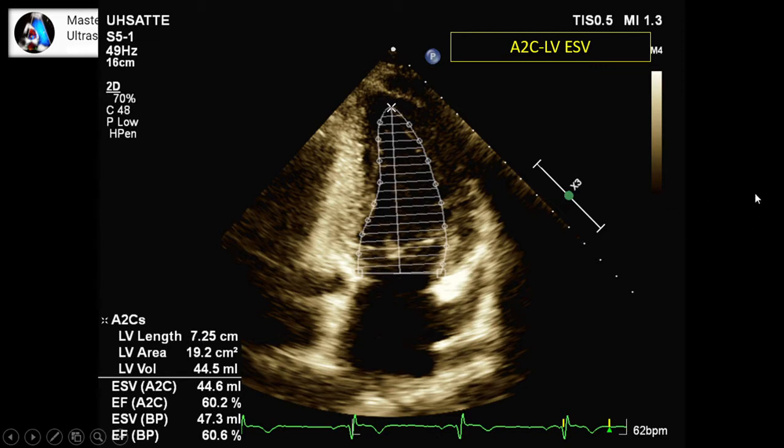But if there is more than 5% difference between the ejection fraction calculated in apical 2 and apical 4, and we don't have any structural abnormality or wall motion abnormality, then we did one of those measurements the wrong way, and you have to go and fix it.